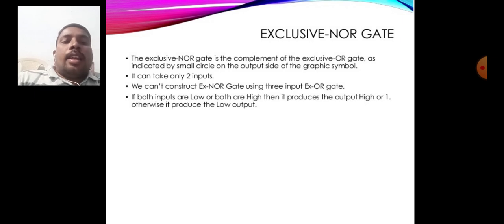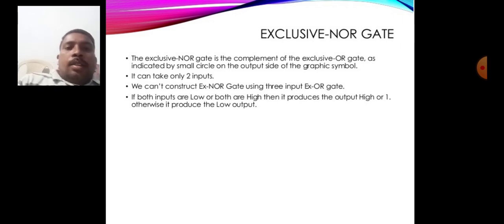It is indicated by a small circle on the output side of the graphic symbol. This gate has only two inputs.